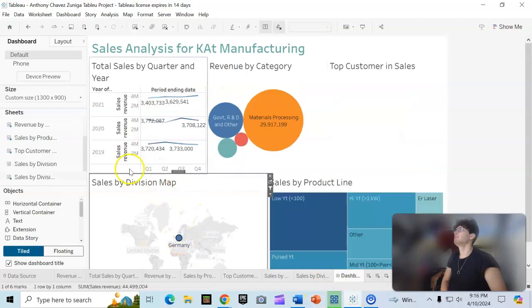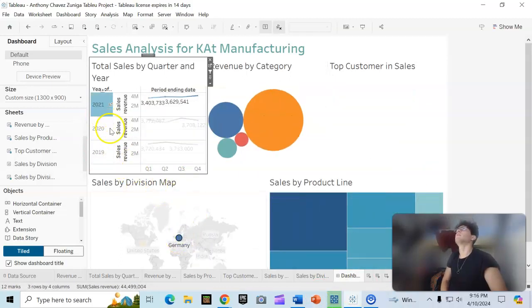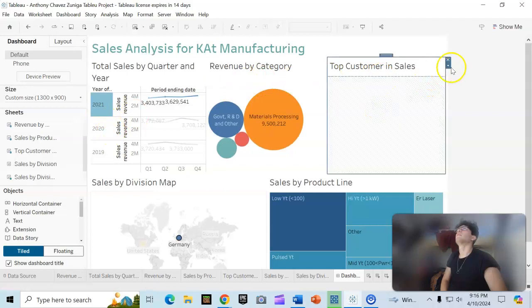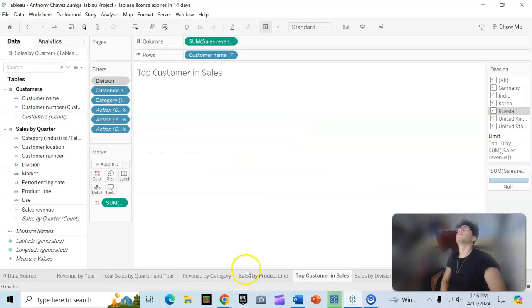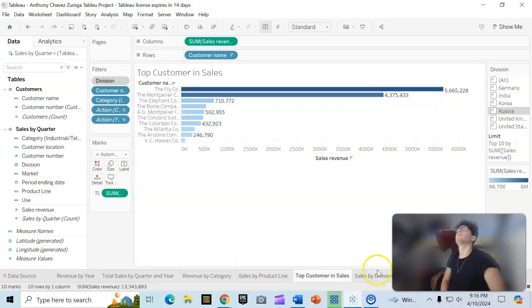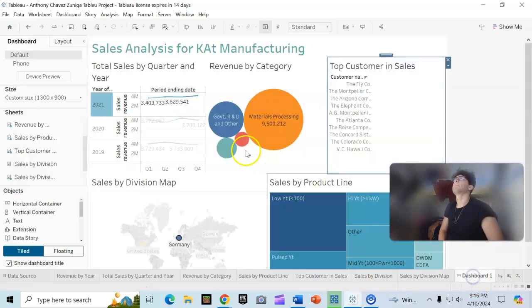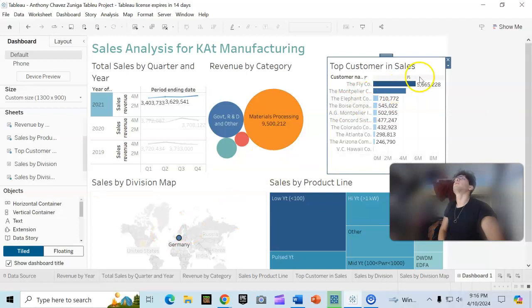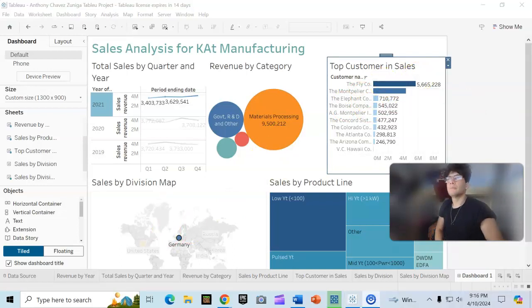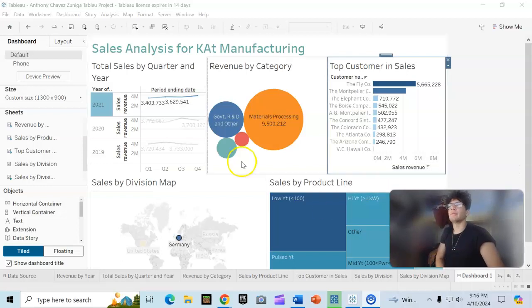We hit Germany, 2021, and, one second, we go back to dashboard 1. We can see that Flyco is the top customer.